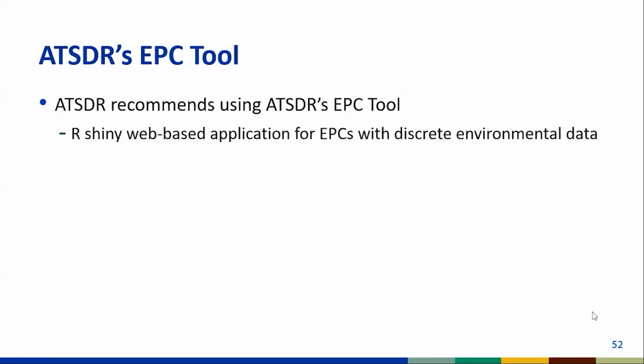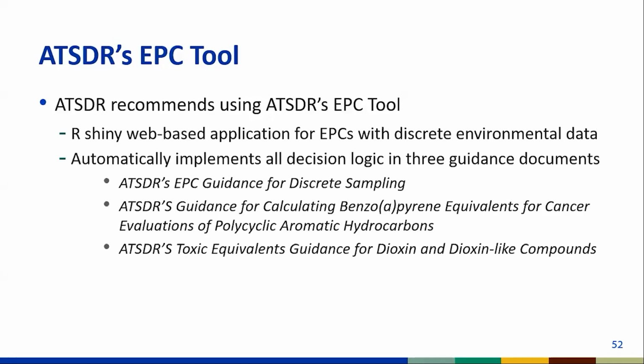The EPC tool is an R-Shiny web-based application designed to calculate EPCs with discrete sampling data. It automatically implements all of the EPC decision logic in 3 ATSDR guidance documents. This includes the EPC guidance for discrete sampling, which is the focus of this webinar, as well as 2 chemical-specific documents on calculating EPCs.